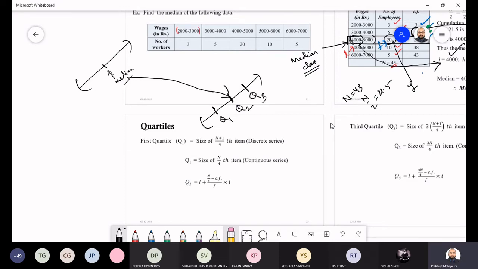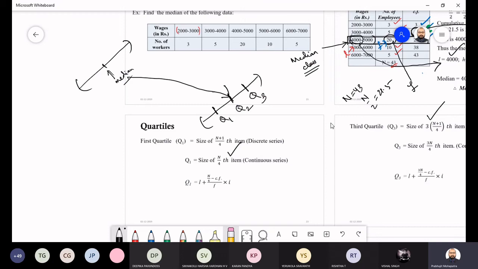The median is same as the Q2. So what is Q1? Q1 is nothing but 1/4 of the whole data. Q3 is nothing but 3/4 of the whole data. Getting or not? Yes, sir.